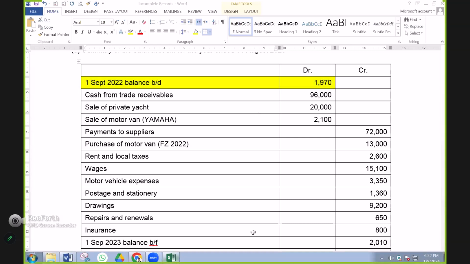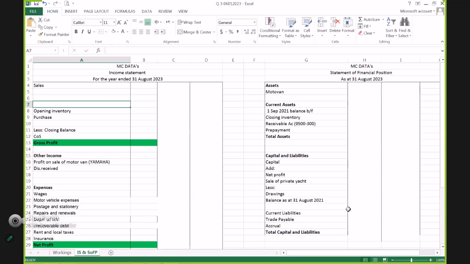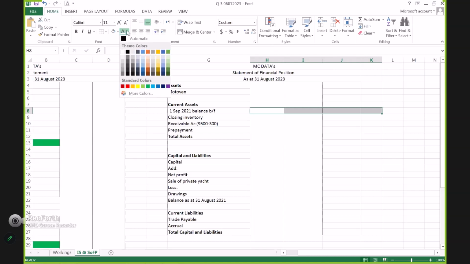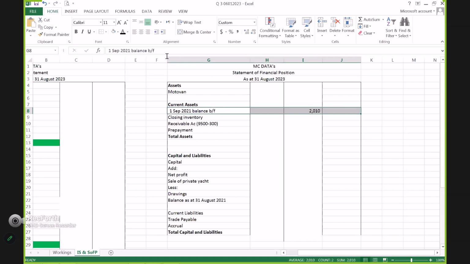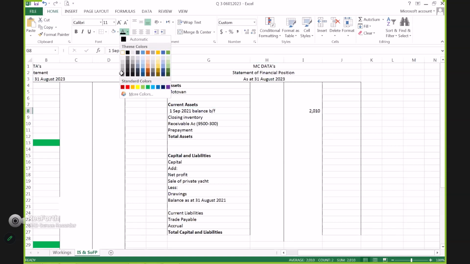So in the opening balance, cash balance 1,970. So in the calculation of, sorry, not here. In the calculation of capital, you have to calculate the capital now.